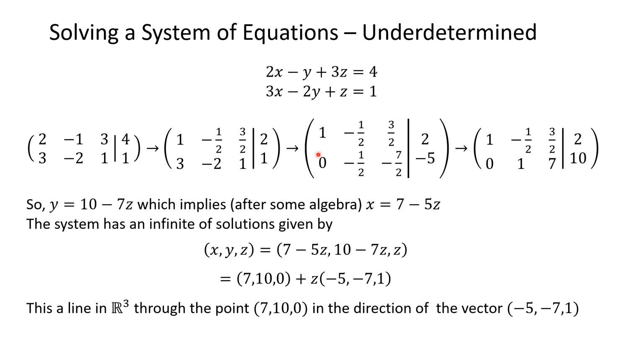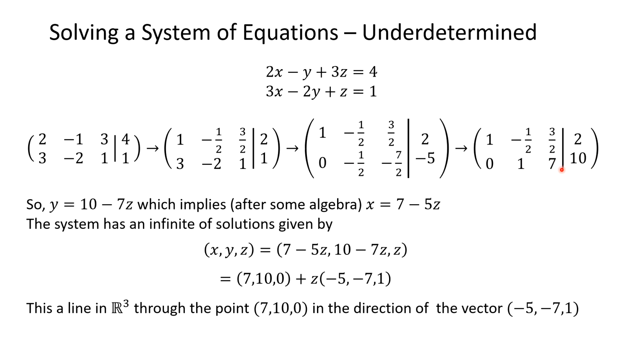system. And then we want to get a 0 in this position here where the 3 is. So we take -3 times the first row and add it to the second row, and we get this. Then we want a 1 here, multiply by -2, and we get 1, 7, 10.